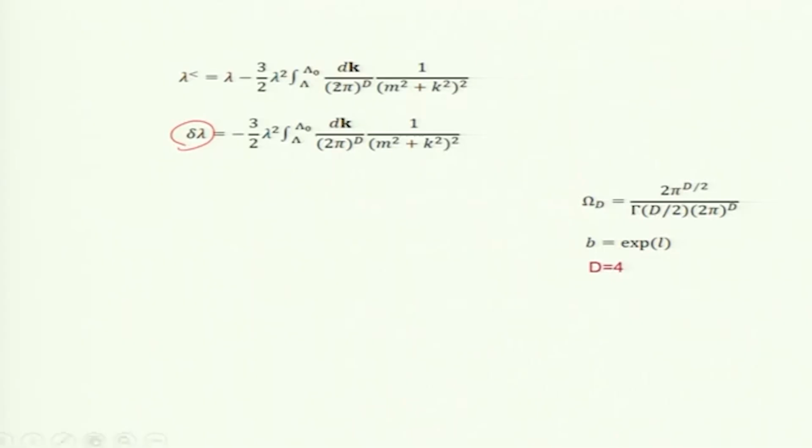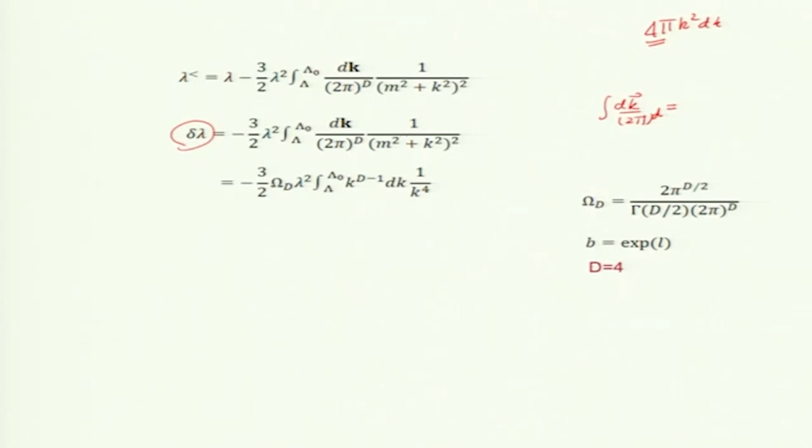Now, this dk integral, so this is a sphere. We write this integral dk by 2 pi to the power d as a shell area. In 3D, what do we do? 4 pi k squared dk. This 4 pi is the area of the sphere, and multiply by k squared, which is coming from the prefactor.